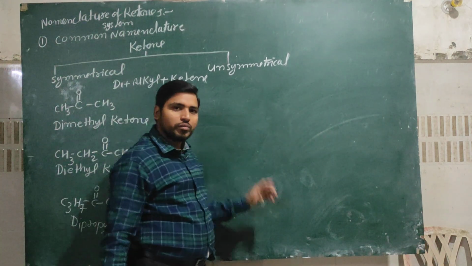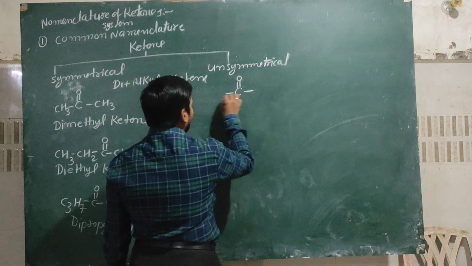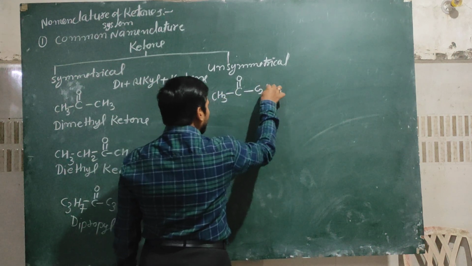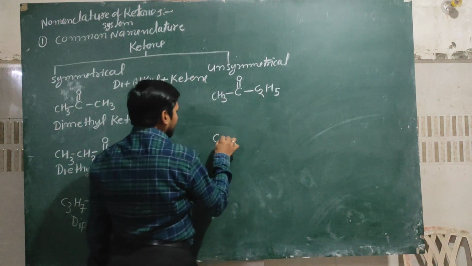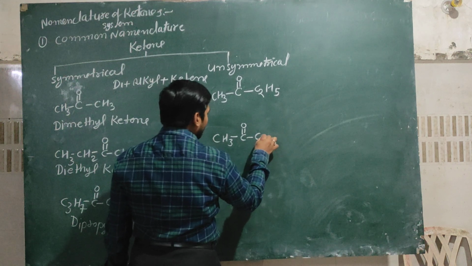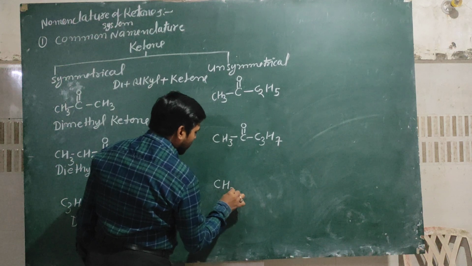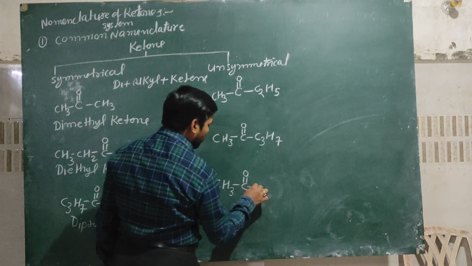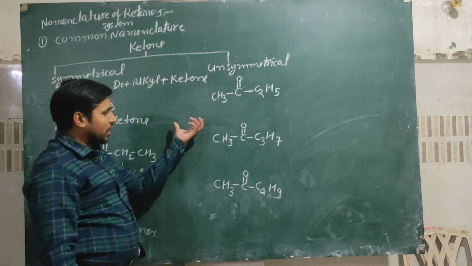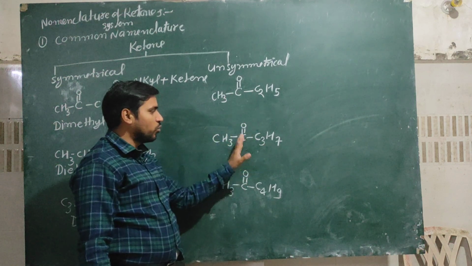But in case of unsymmetrical ketone, the carbonyl group contains two different types of carbon groups, like CH3 C double bond O C2H5, CH3 C double bond O C3H7, CH3 C double bond O C4H9. You can see here there are two different numbers of carbon atoms present on both sides of the carbonyl carbon.